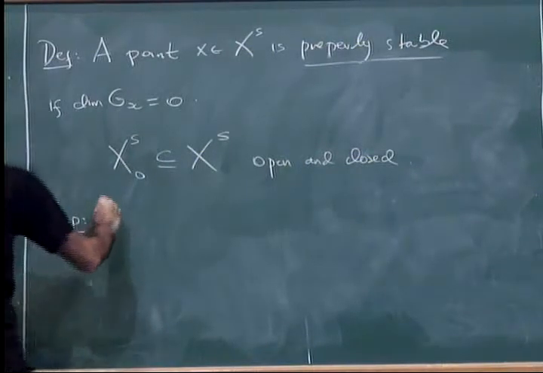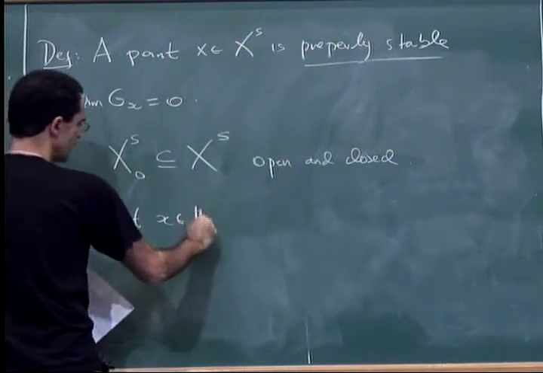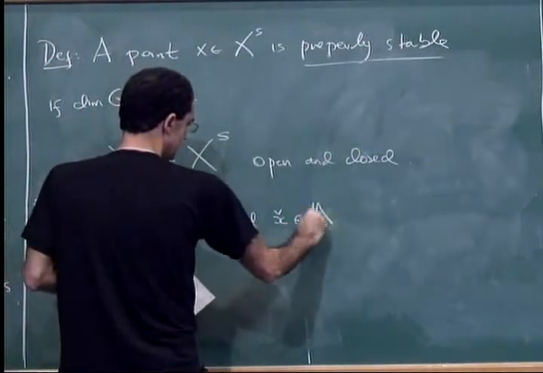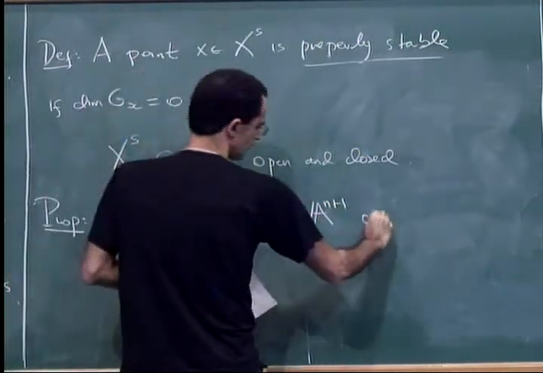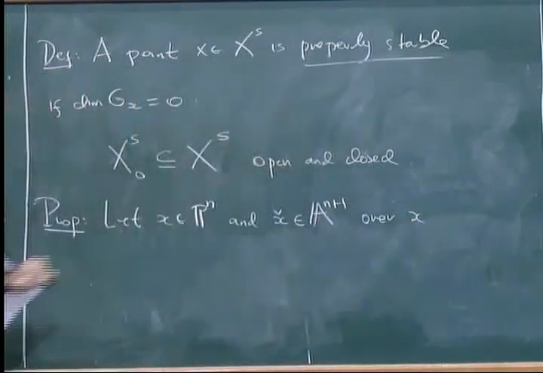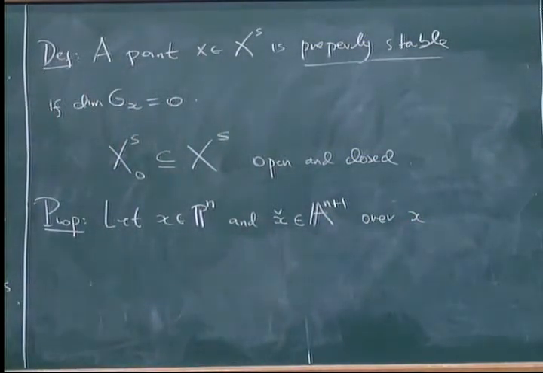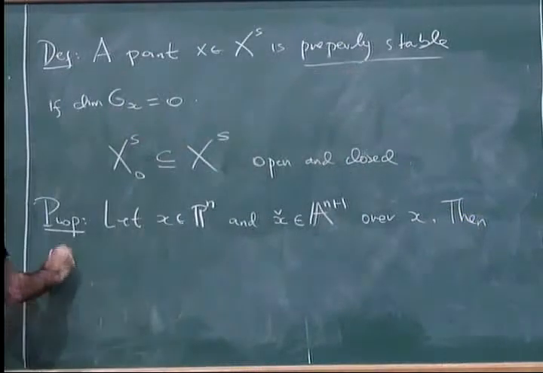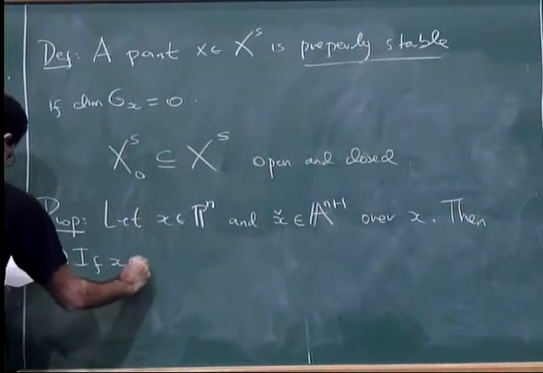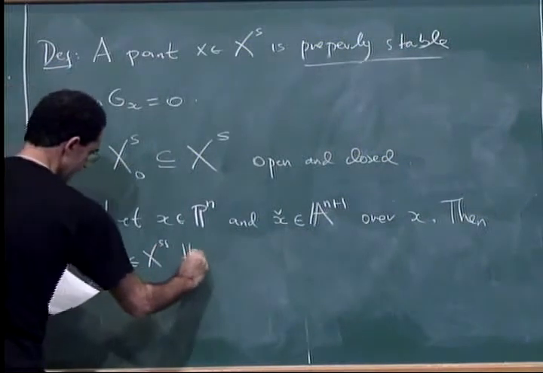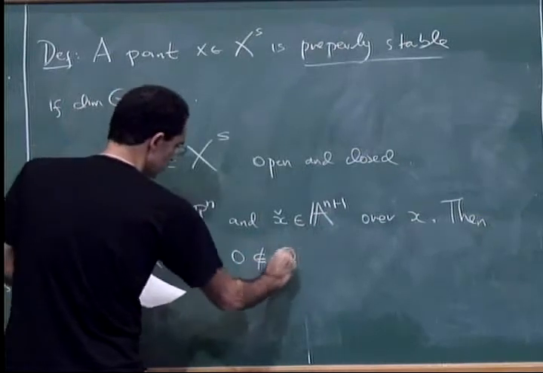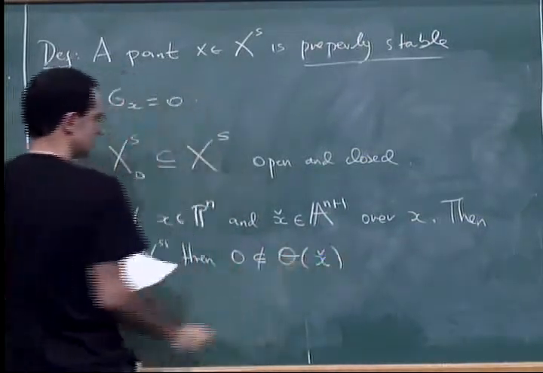So, I'm in this setup here. I'm going to pick a point in Pn, and I will pick a lift of it in A^(n+1). Okay? So x check is a representative of x in A^(n+1). Then, if my point is in the stable locus, then 0, which is a point here, does not belong to the closure of the orbit of that x check.